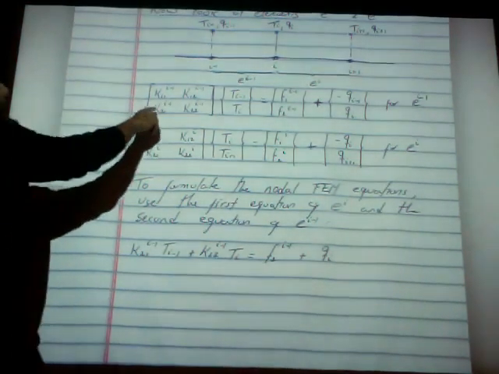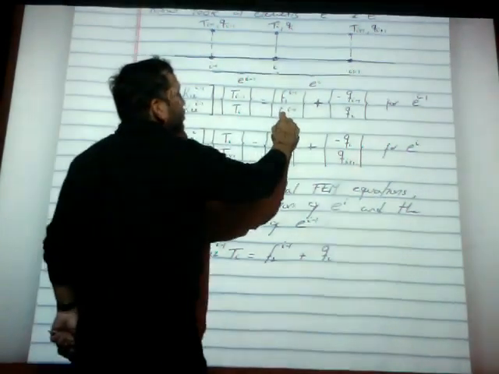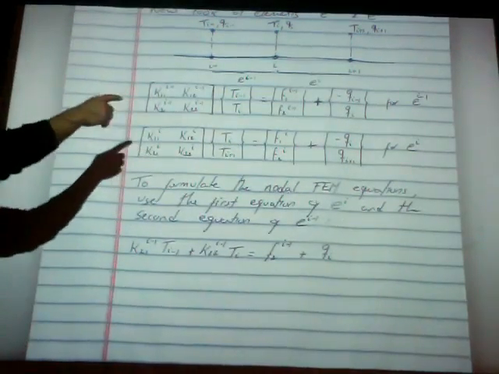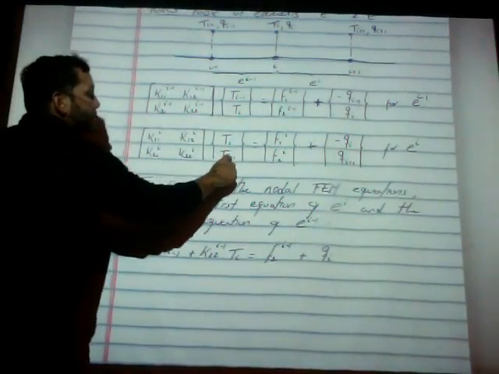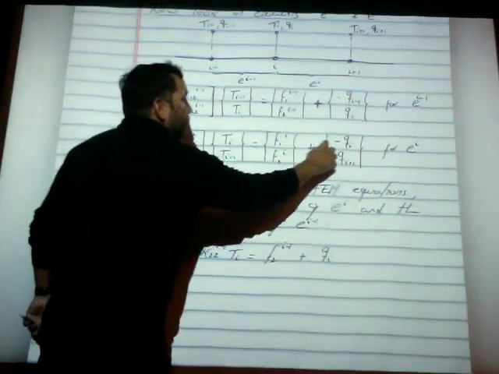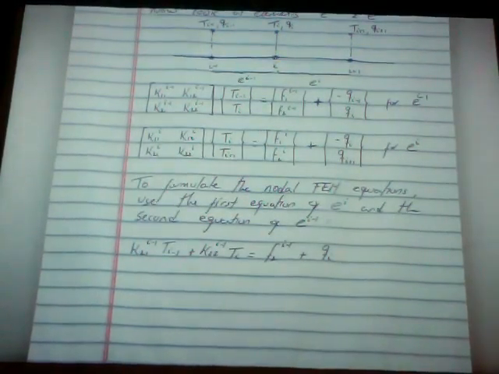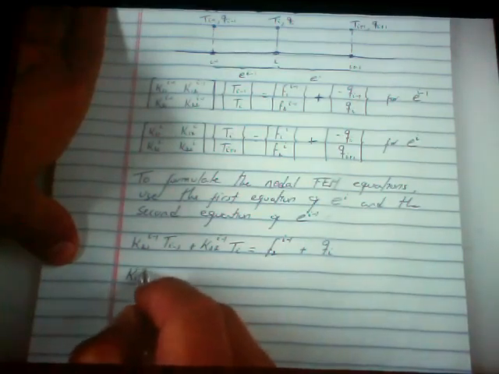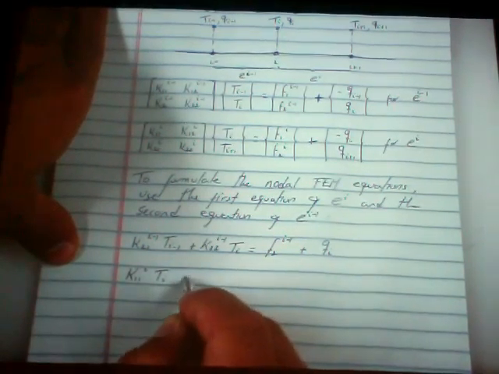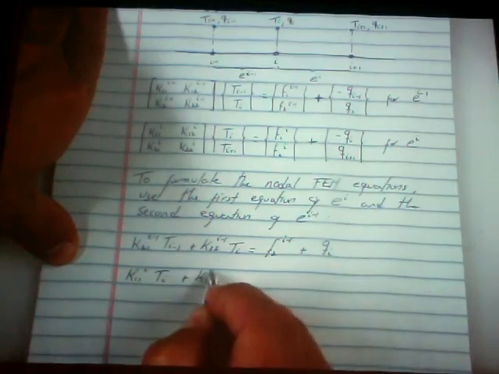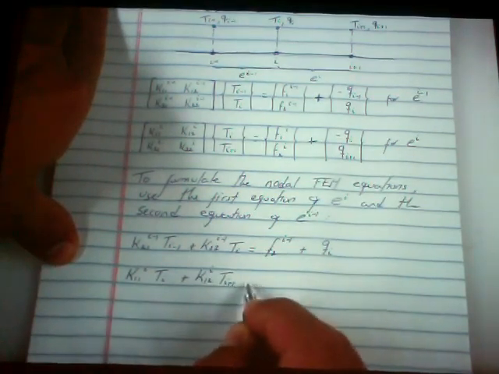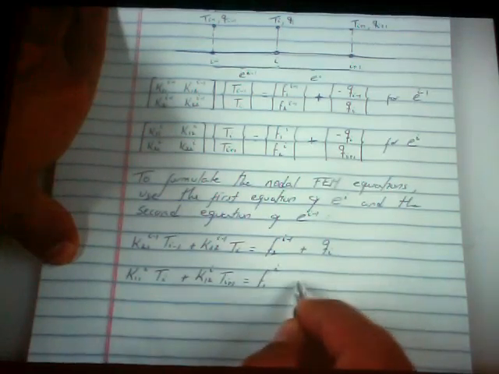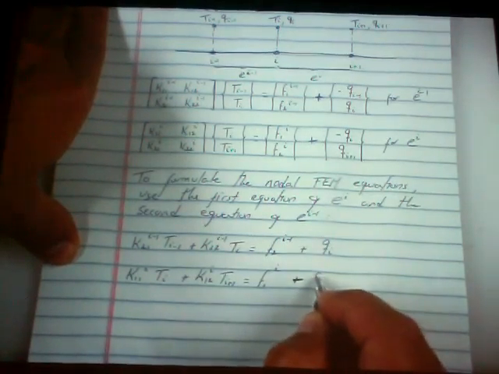And the first equation of element E_i is K11 times T_i plus K12(i) times T_(i+1) is equal to F1 of element i minus Q_i. This is a minus, this is a plus.